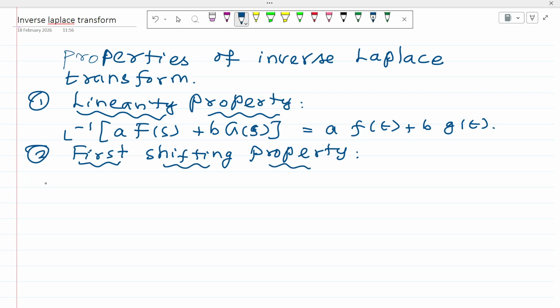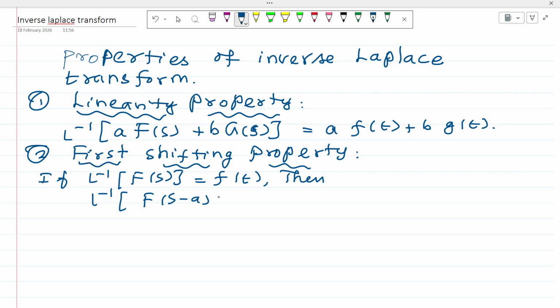The first shifting property: if L inverse of f of s equals f of t, then L inverse of f of s minus a equals e power a t f of t.